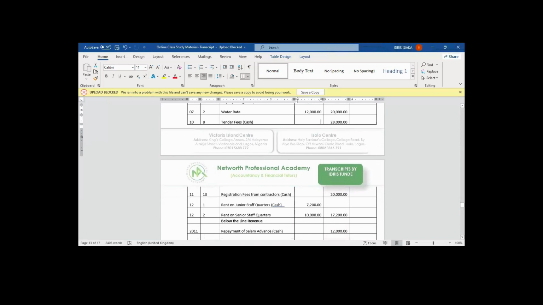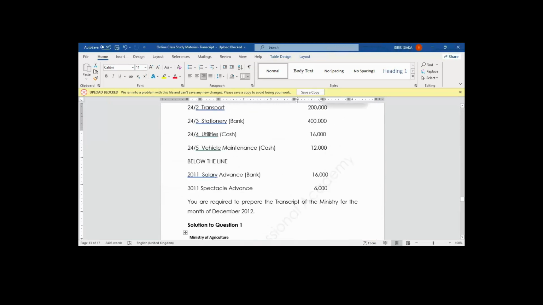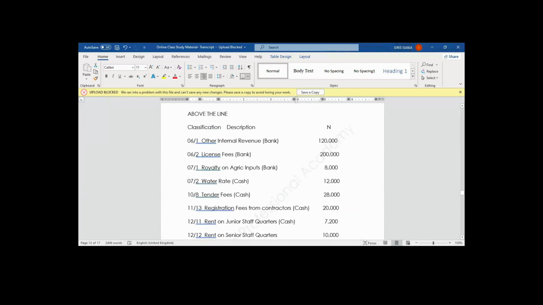In some questions, the examiner may want to confuse the students. The first item given to us is 06, which is the lowest head. He will now put the first item as 12, 11. You now go and put 06 as the last item.